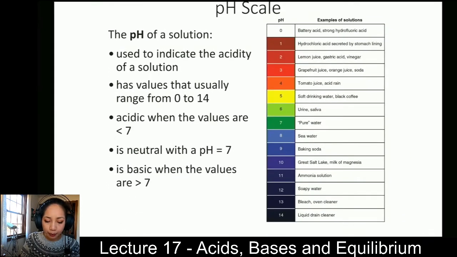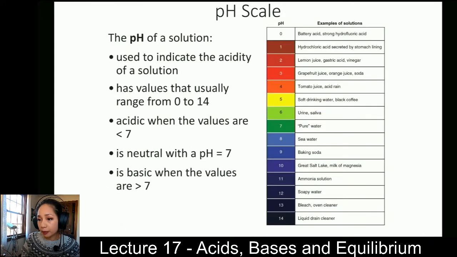So here's an example of different substances on our pH scale. You see our reference point, pure water, is 7. pH just tells us the acidity of the solution. pH also tells us the amount of hydronium present in the solution.